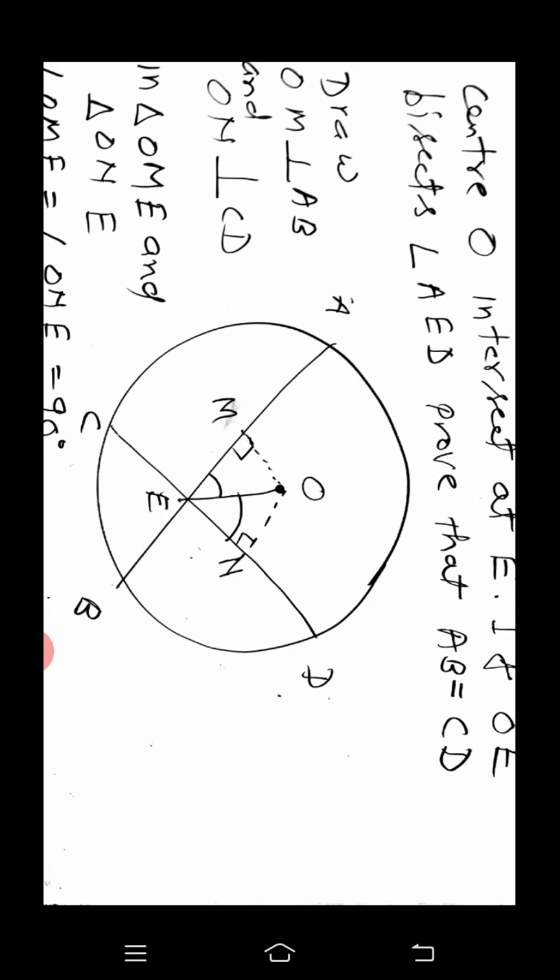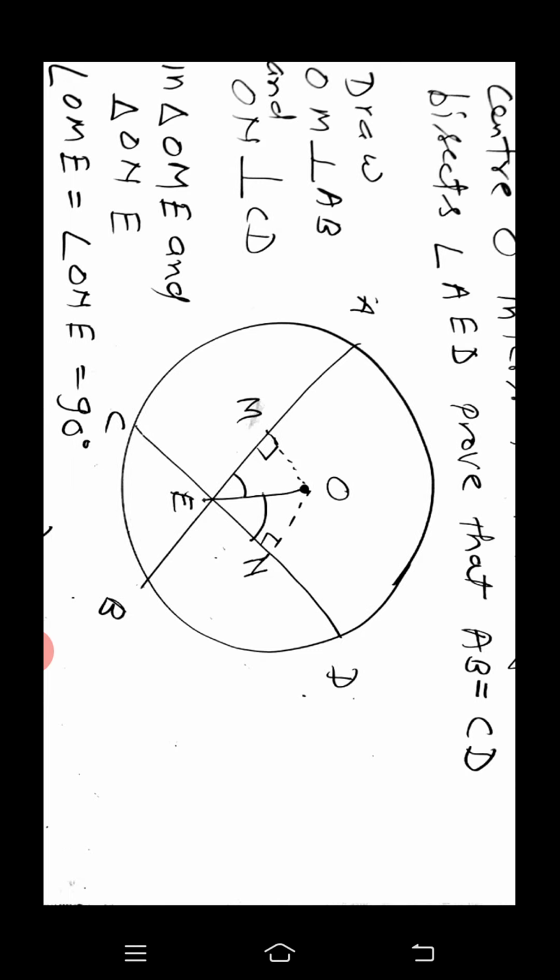So let us do this question. Draw OM perpendicular to AB and ON perpendicular to CD. So in triangle OME and triangle ONE, we have taken these two triangles formed here.